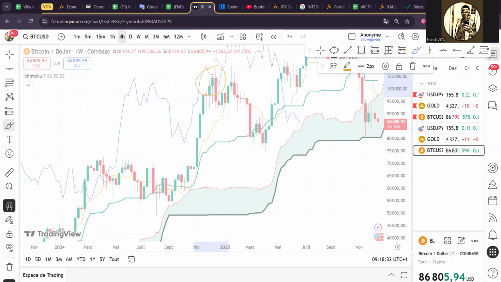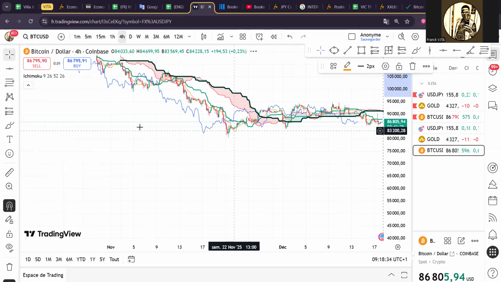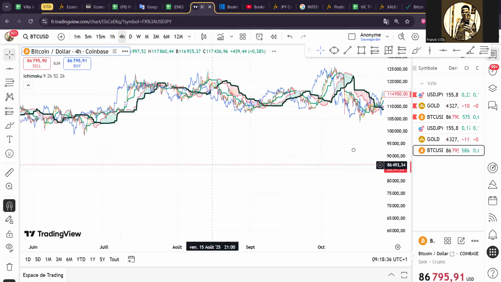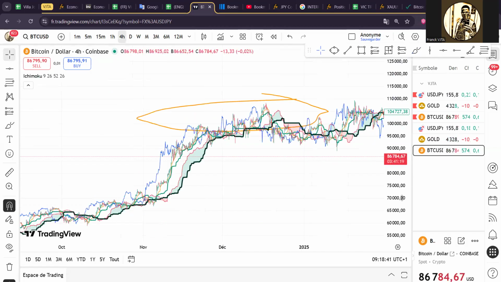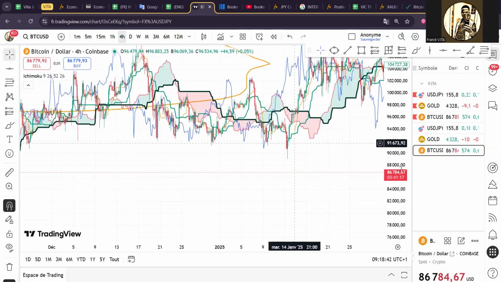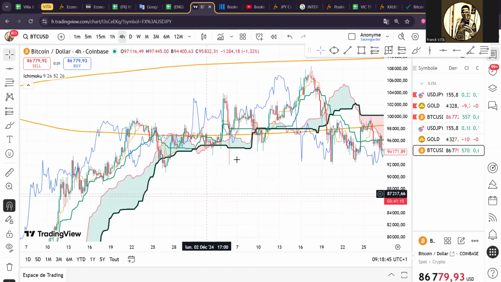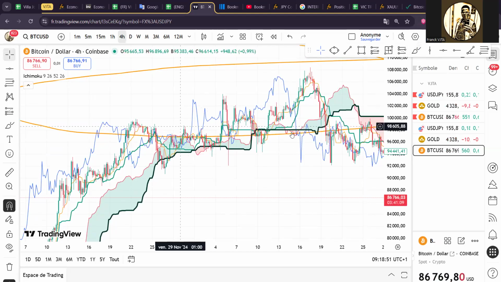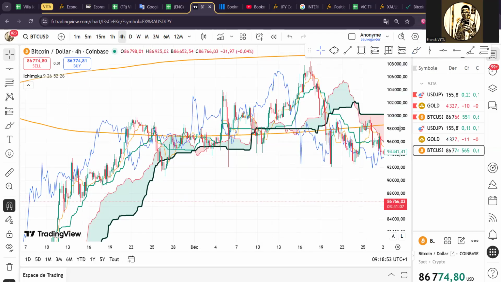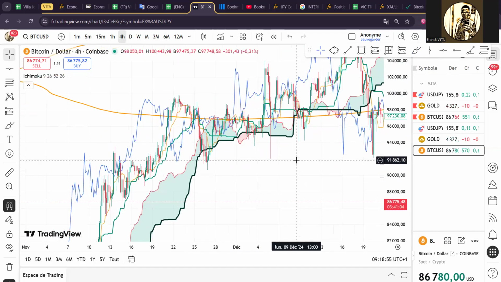So you go on H4, you go and look at if you have an inverted Tenkan there. When you have an inverted Tenkan there, you realize that at that level, you have a lot of mini inverted Tenkans. So that gives you a lot of reversal points where the Bitcoin started having exhaustion, right?